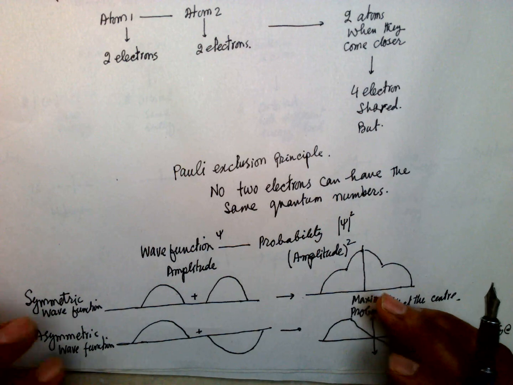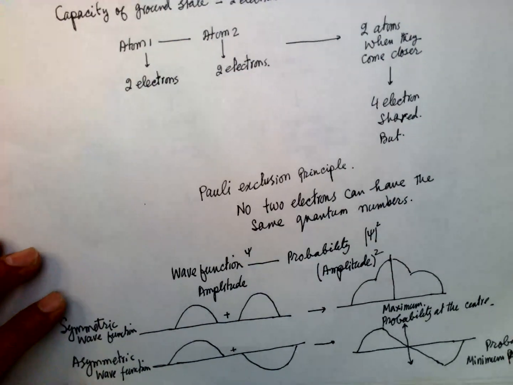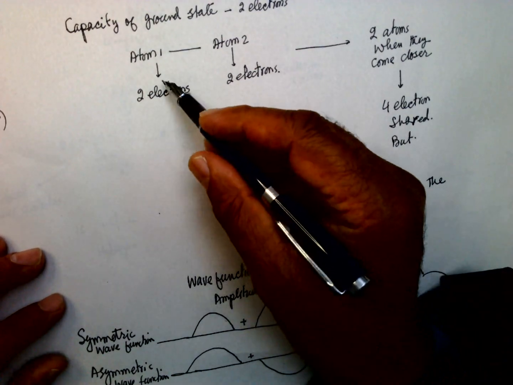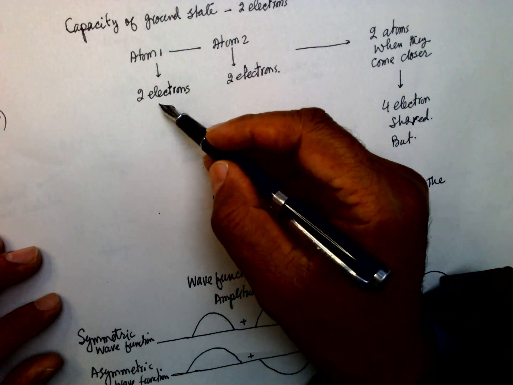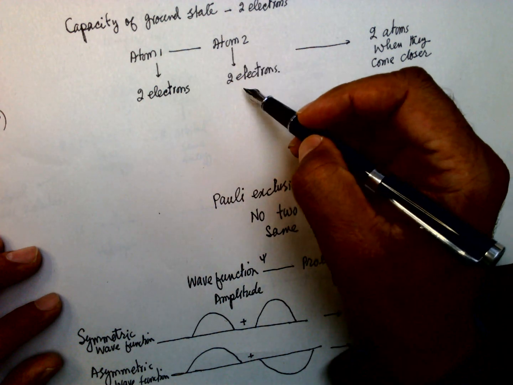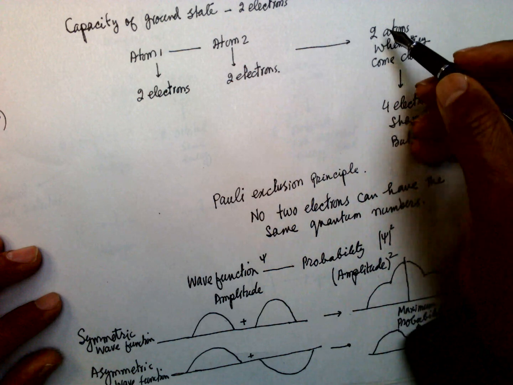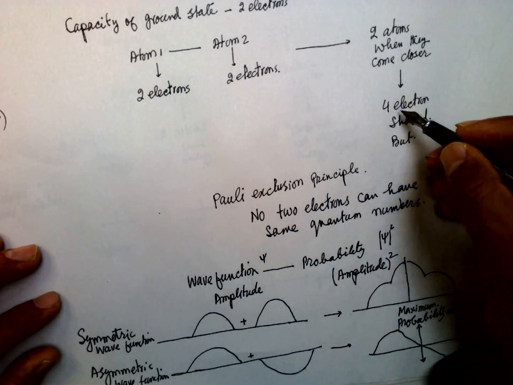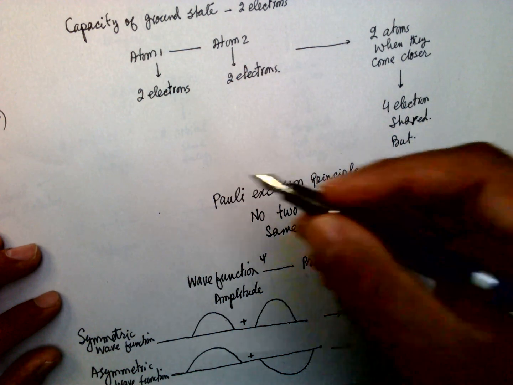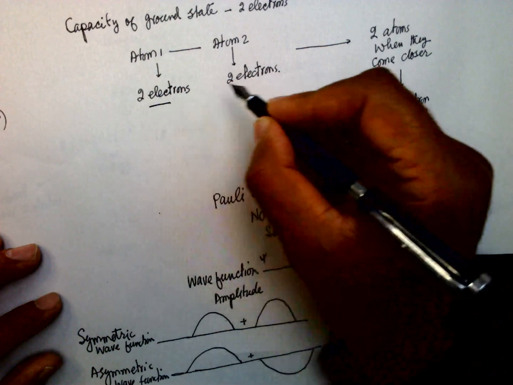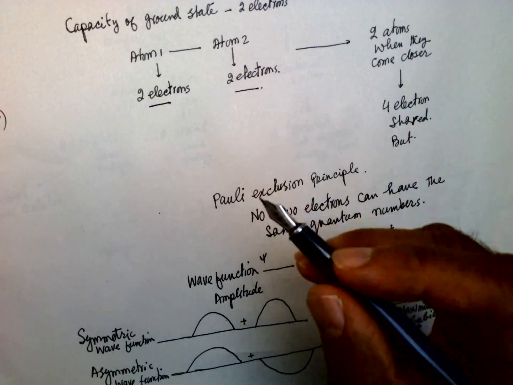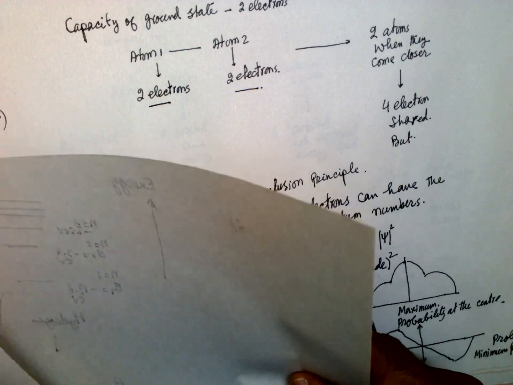Here there are two concepts. Energy capacity: say atom 1 has a 2 electron capacity, atom 2 has a 2 electron capacity. When they combine together, they will have 4 electrons shared, but this has the same lowest energy, as you have seen, the same energy level.